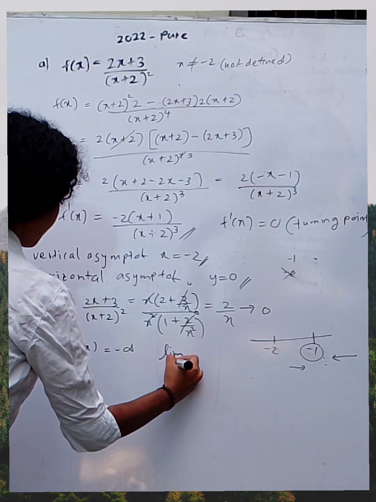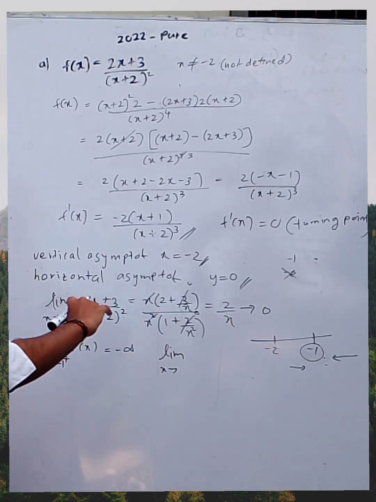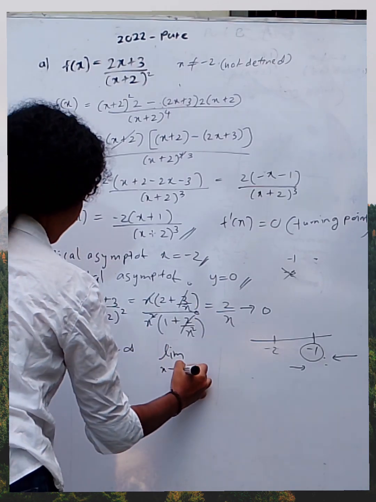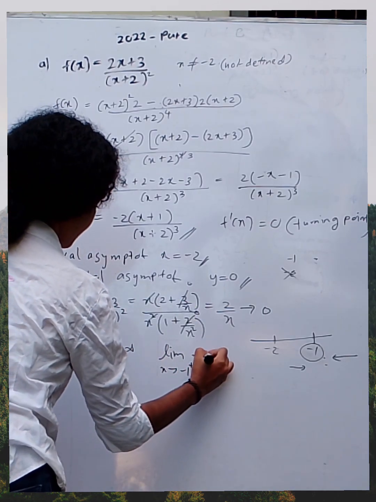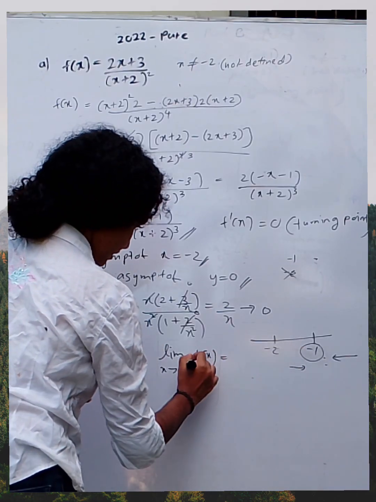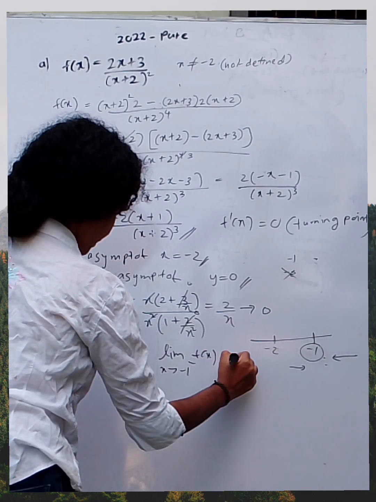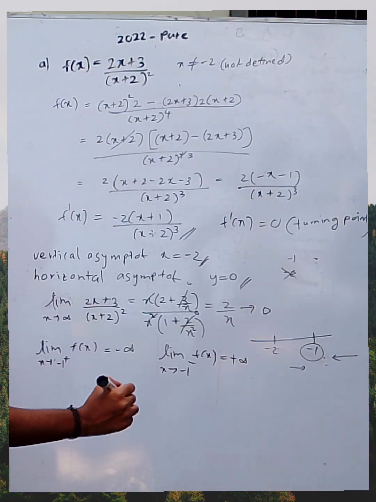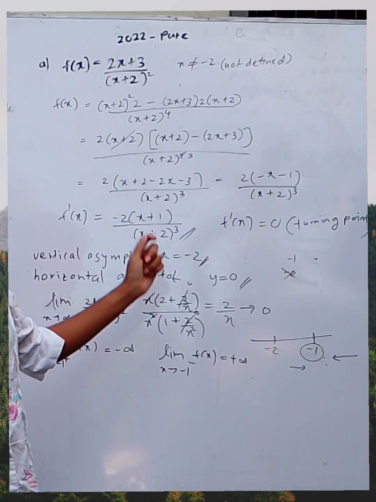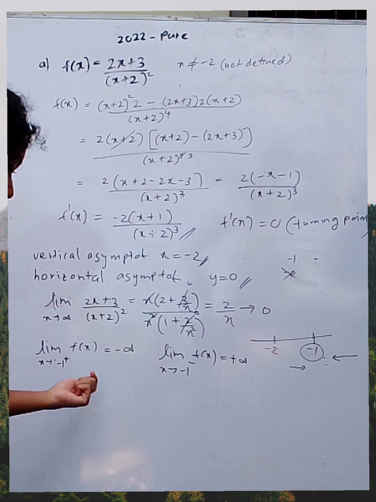Once the limit approaches from the left hand side, towards the negative side, it should approach in this way. So that is positive infinity, right? You'll be getting separate marks for each and every step that I write here. That's why I'm writing here.